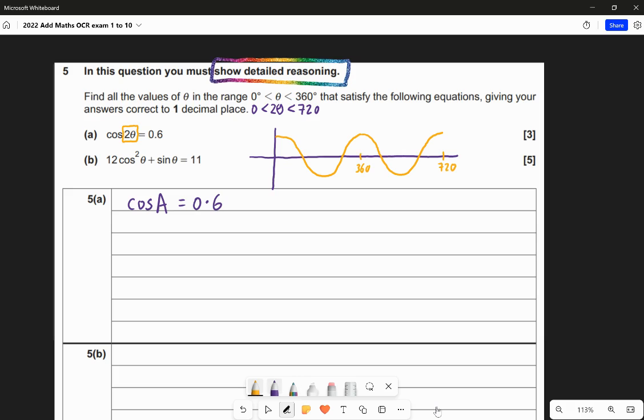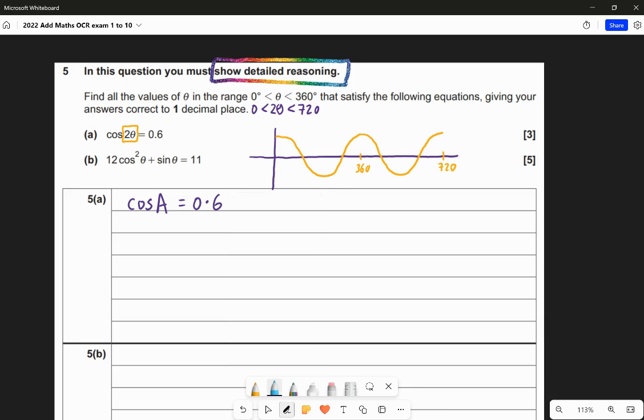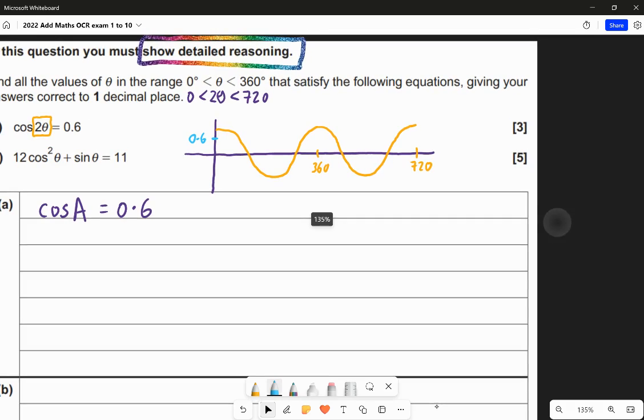And then what I do is I try and mark off 0.6 on my scale. Usually I'd like a little bit more paper for this. 0.6 on my scale is there. So there should be quite a few different answers for 0.6.